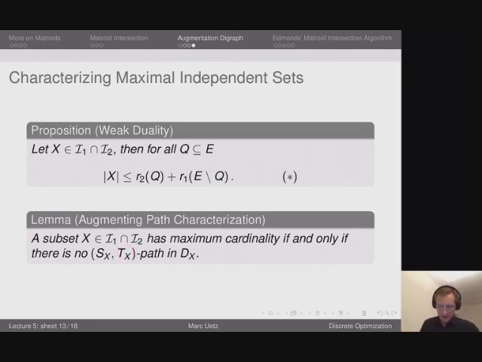And how do we prove this lemma, or this characterization of optimum solutions?